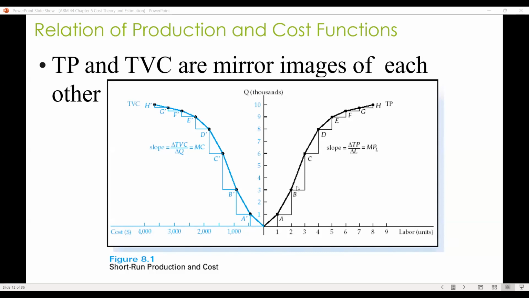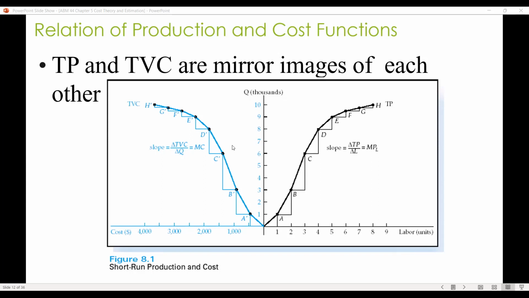As you can see here, it is increasing, but it is diminishing at some point, which is at 10,000 quantity produced. So it is actually diminishing at some point, probably here. As you can see, it is the same as the total variable cost.